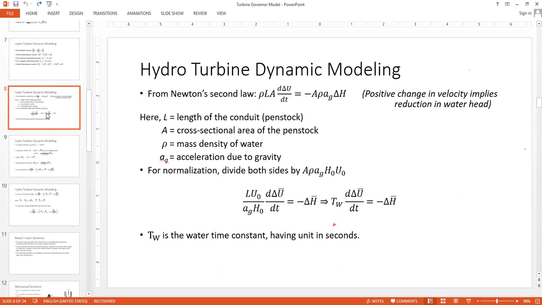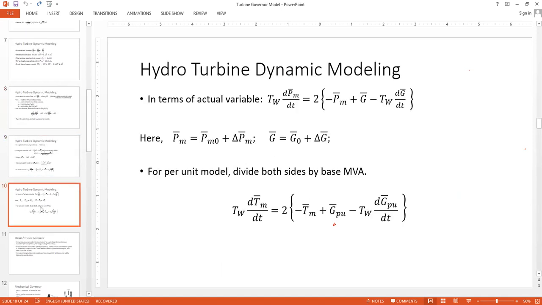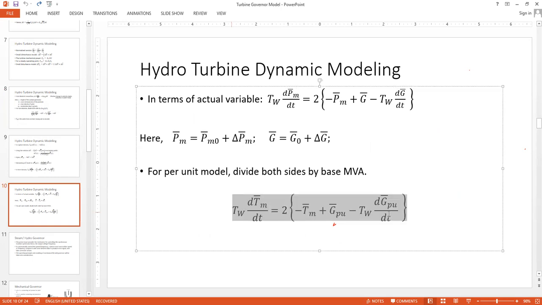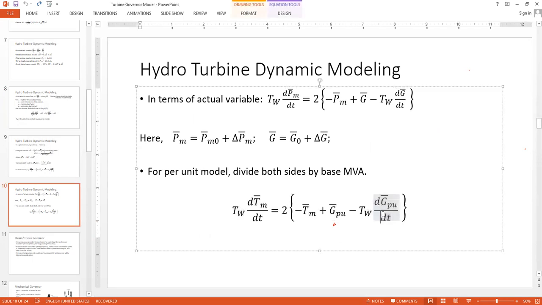So in the hydro turbine modeling part, at the end, we found some equations like this, where we had two differential variables. On the left hand side, we had the mechanical torque in differential form, d by dt of Tm. However, we also had the gate valve position G, of course, in per unit, also present there in terms of d by dt.